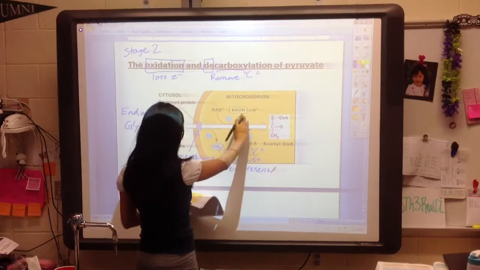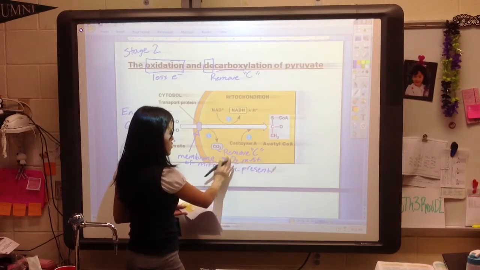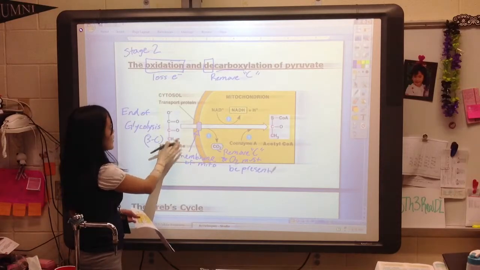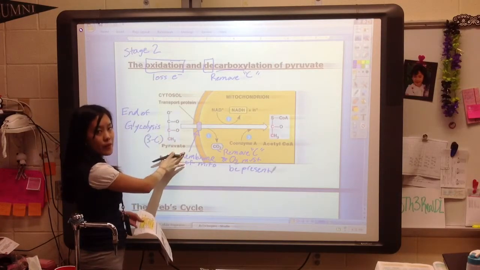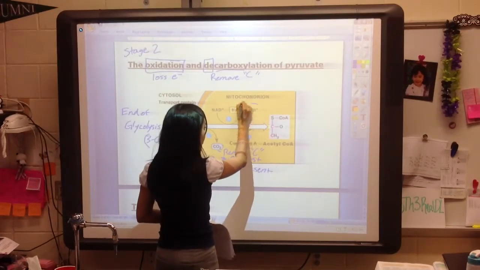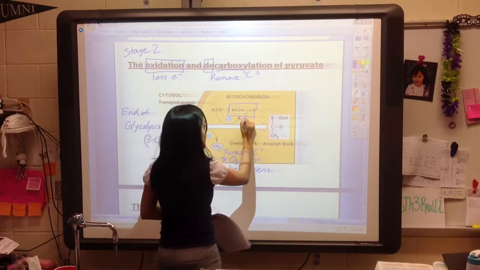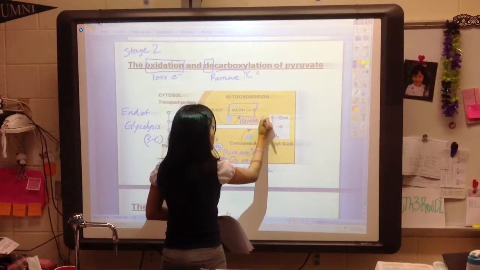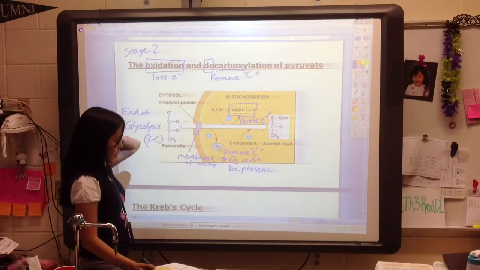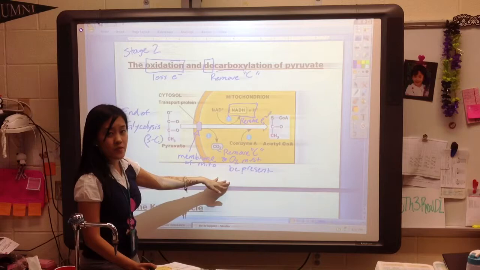In the second step here, we have an NAD+. You're actually going to be removing some electrons from our pyruvate, the oxidation of the pyruvate. And when we oxidize the pyruvate, we form this product, NADH again, from the removal of our electrons. So the final thing that happens here: we remove the carbon, and oxygen has to be present for that.